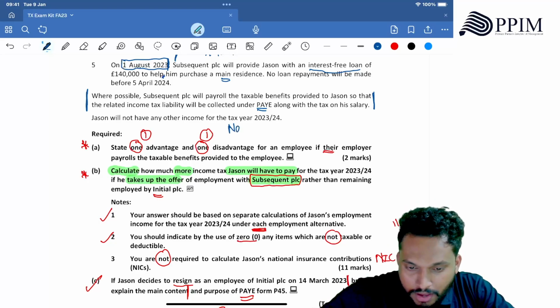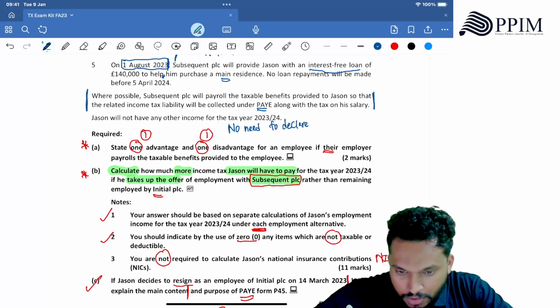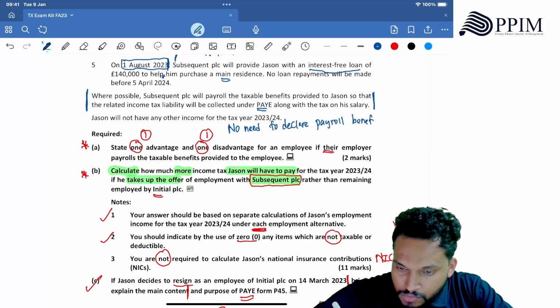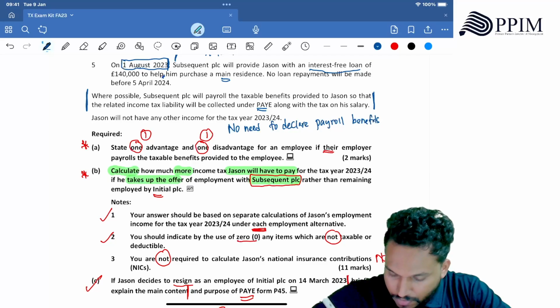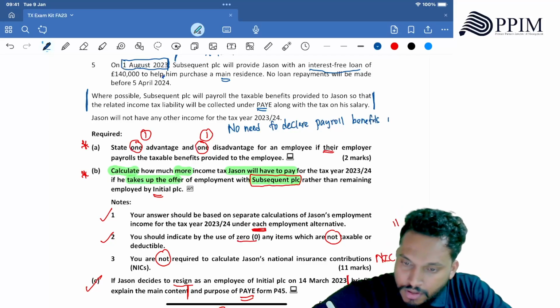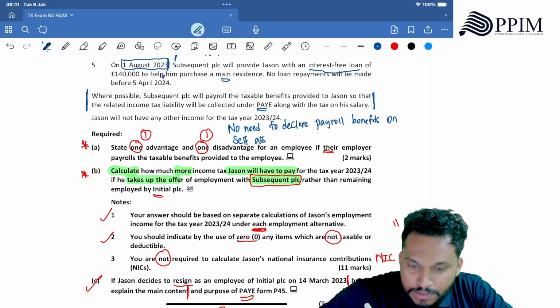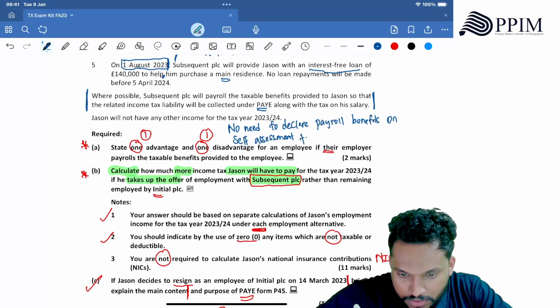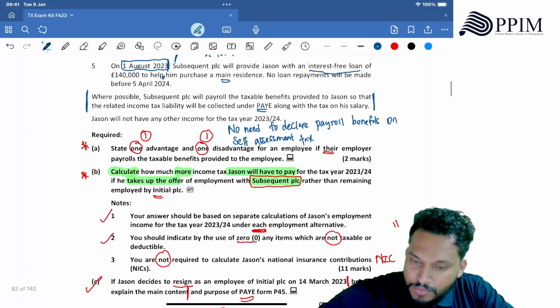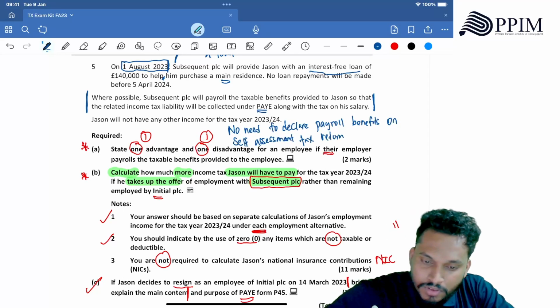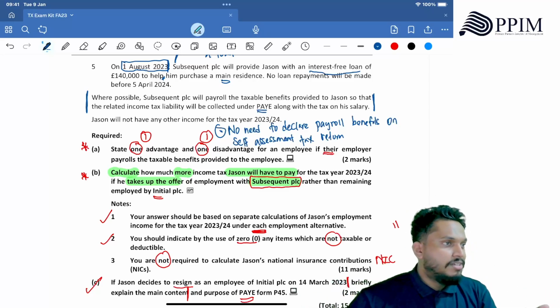No need to declare payroll benefits on the self assessment tax return. Do you understand that? Simple as that.